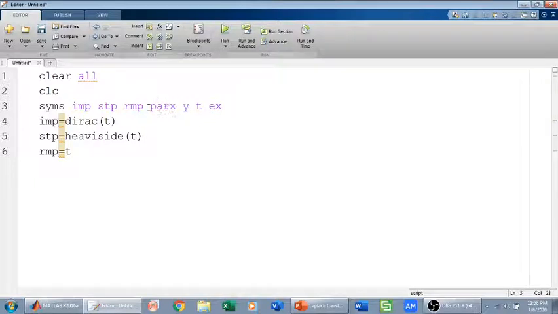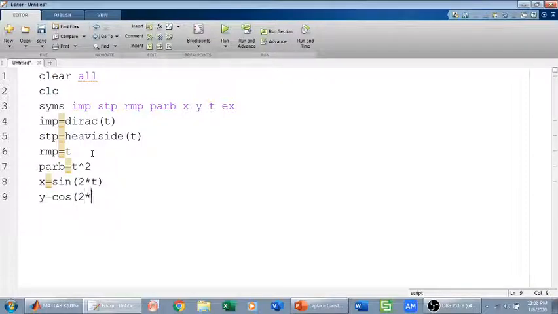Fine. I will also define a parabolic signal here. Let me call it PARB. So ramp is t, parabolic is t square, it is t power 2. Fine. And then we have the sine function. So sine of 2t, for example. So x is a sine function. And then we have the cosine function.